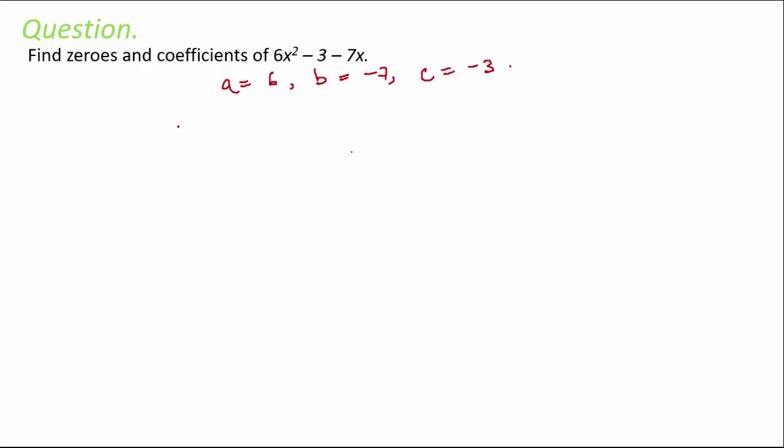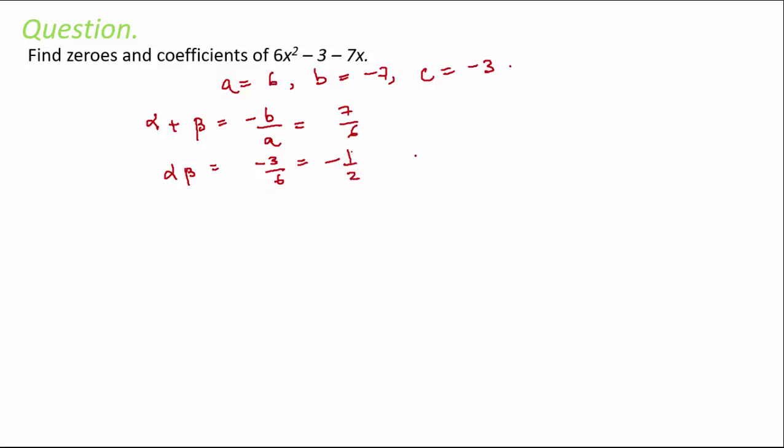So from this, we can calculate the value of alpha plus beta. Let's say that alpha and beta are the zeros of this particular polynomial. So alpha plus beta is equal to minus b by a, which is equal to 7 by 6. Alpha into beta is equal to c by a, which is equal to minus 3 by 6, that is equal to minus 1 by 2.